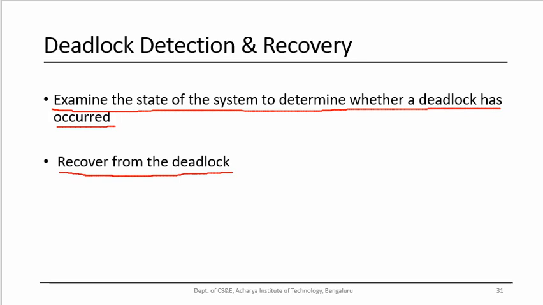So there are mechanisms to detect the deadlock, and there are mechanisms to recover from the deadlock. We will discuss those mechanisms one by one. First, let me talk about the deadlock detection.